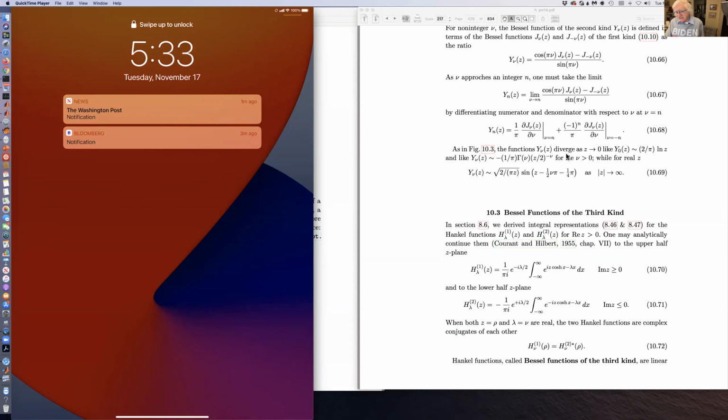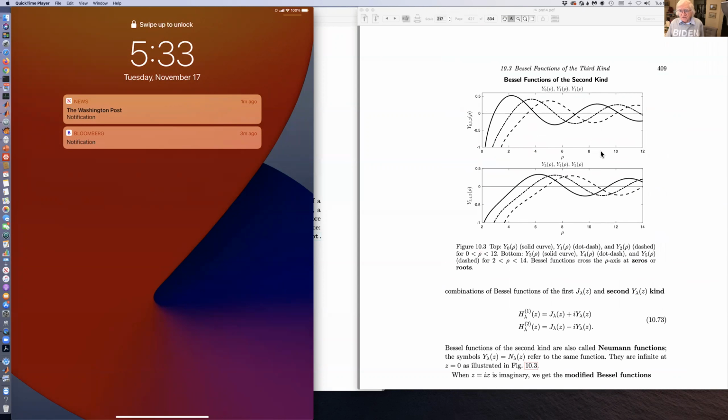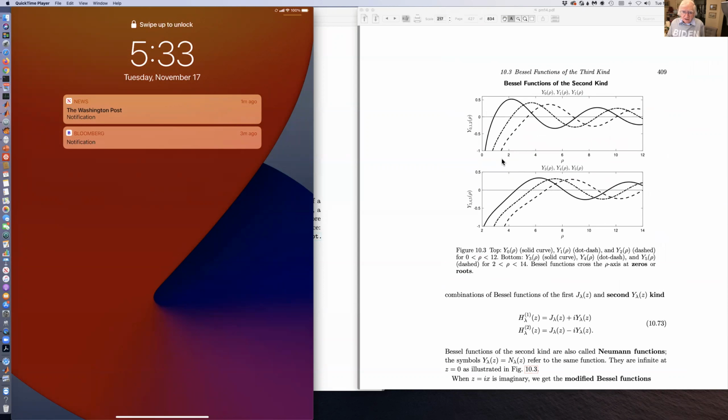The functions, as I said, they all diverge as z goes to 0. Y0 is just a log, but the others are inverse powers of z. And that's how they are near z equal to 0. And the figures, for example, illustrate that. Y0, 1, and 2 are here, and Y3, 4, and 5 are here.